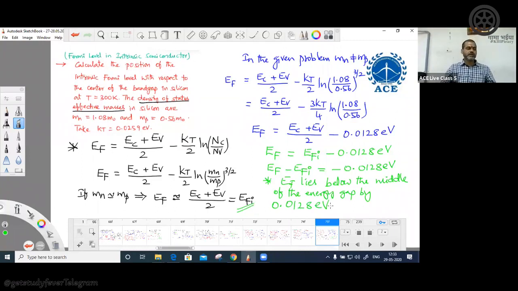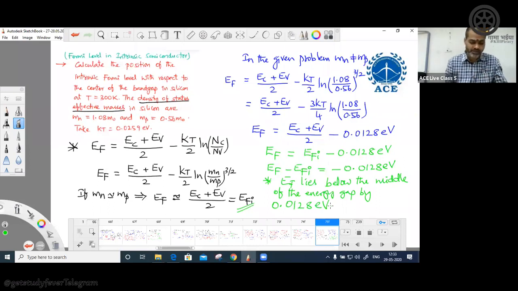Yes, can I conclude this? Yes. Now again, try to interpret whatever theoretical part we have discussed with this numerical value. Now, what is Eg by 2 for silicon? For silicon, Eg by 2 is how much?